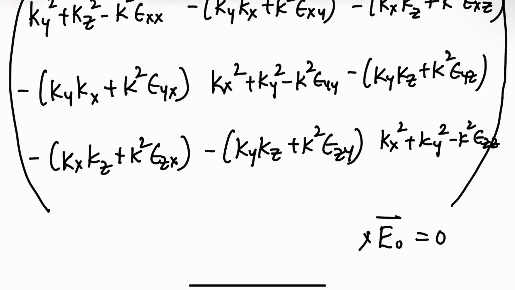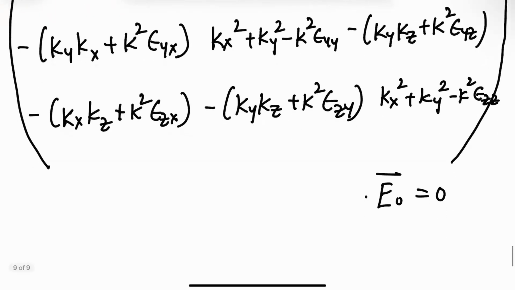So I shouldn't put a cross here, I should just put times E naught equal to 0.